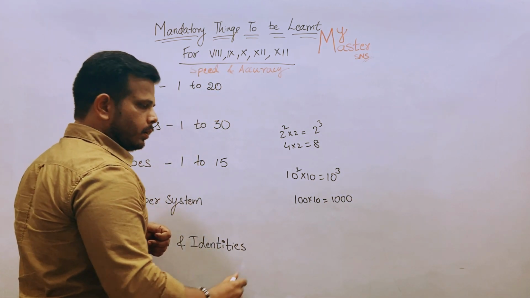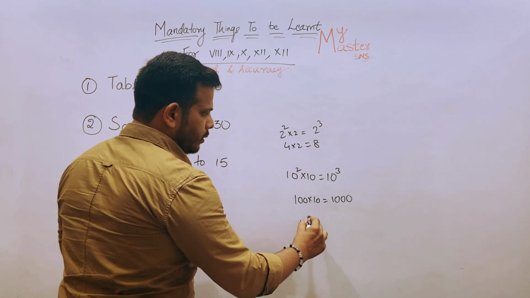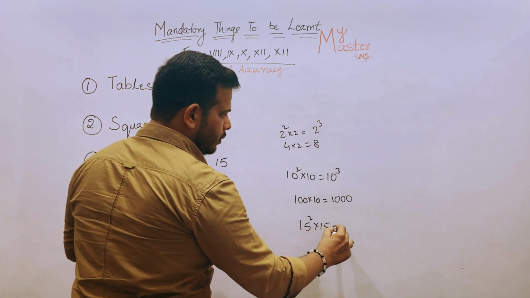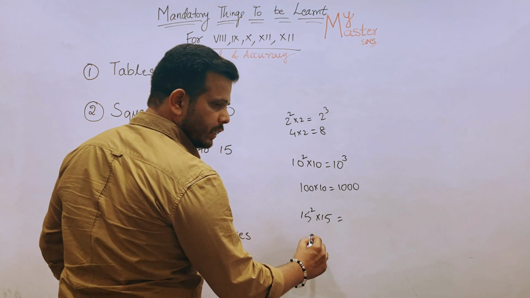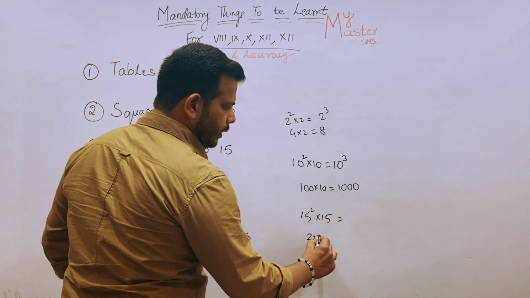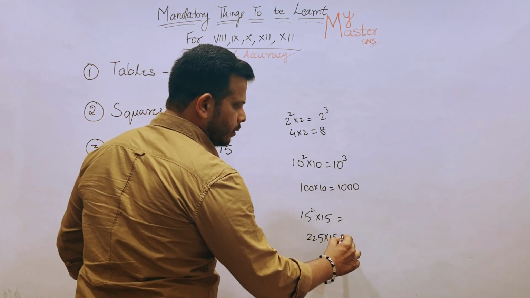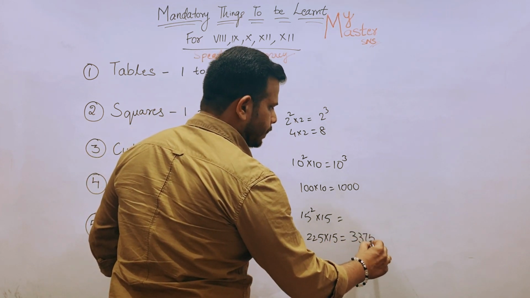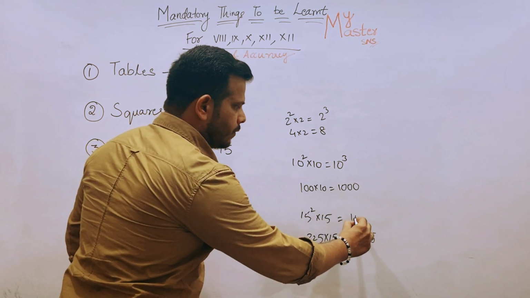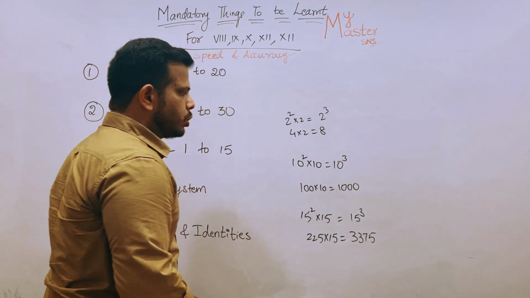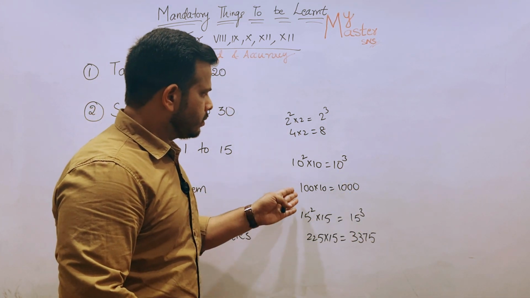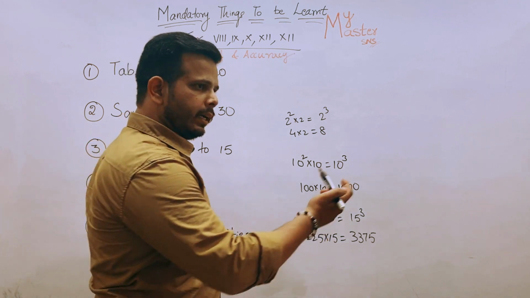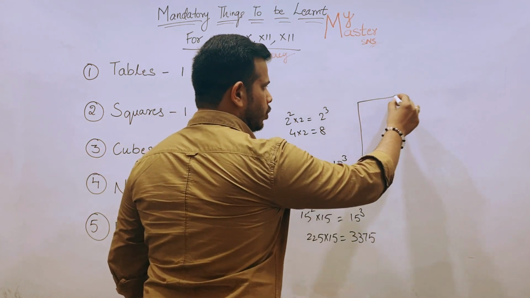Cool. 15 square into 15. 225 into 15 is 3375. So this is 15 cube. If you remember this, you can write the same as I told before.